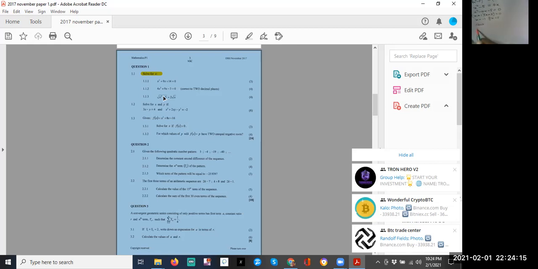So we take the left-hand side, LHS, and then RHS. So on the left-hand side, we have the square root of -1 squared, then minus 5.